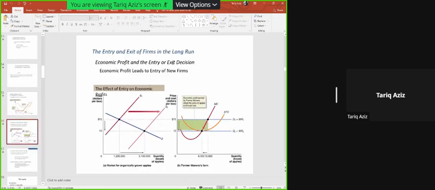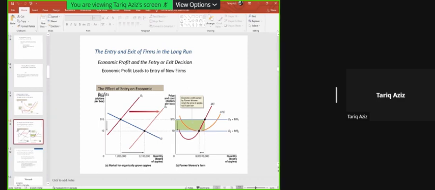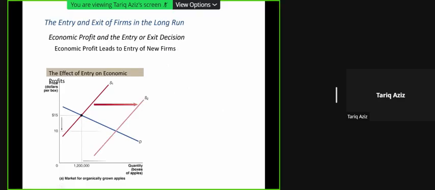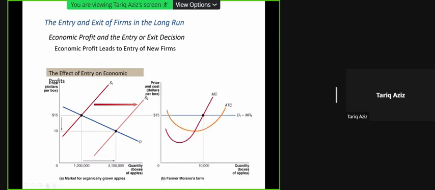What happens if there is an industry and new firms enter into that industry, what happens to the supply and demand? So if there is a particular industry, say there are only few players in that industry, and if further firms enter into that industry, the graph on the left hand side depicts that situation.